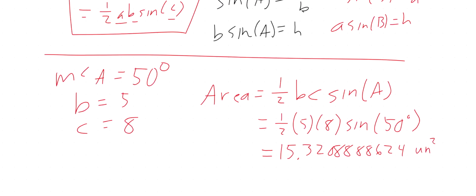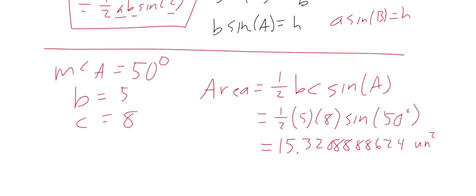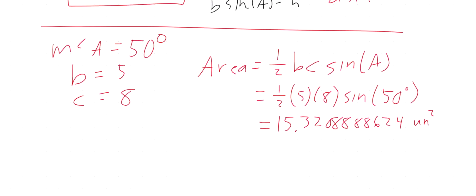So fairly straightforward as long as you have the information you need. However, if you're not given all the information you need, you can potentially use the law of sines to find other angles or side measures that you need to then use this formula. So this can be used in conjunction with the law of sines.